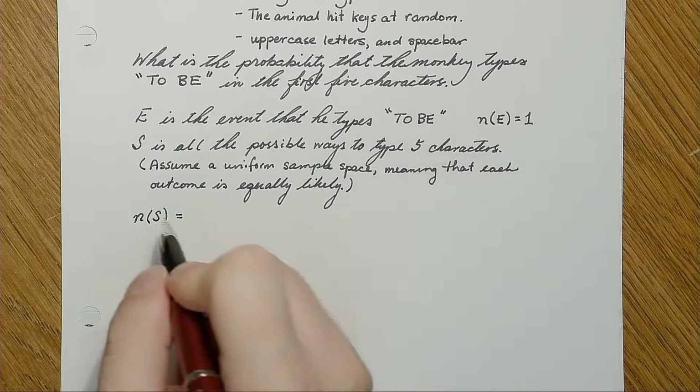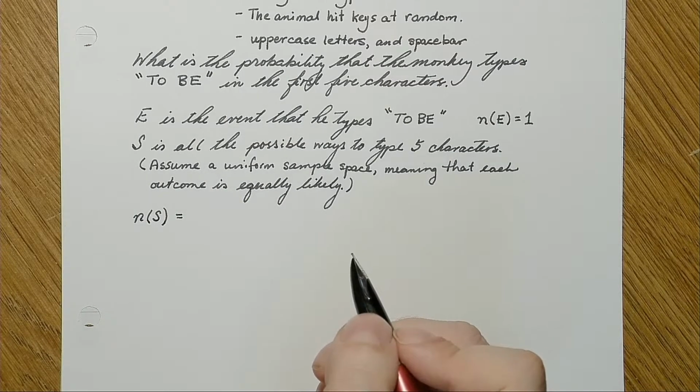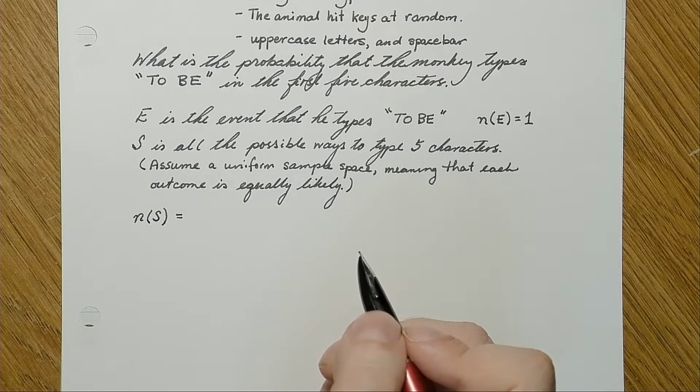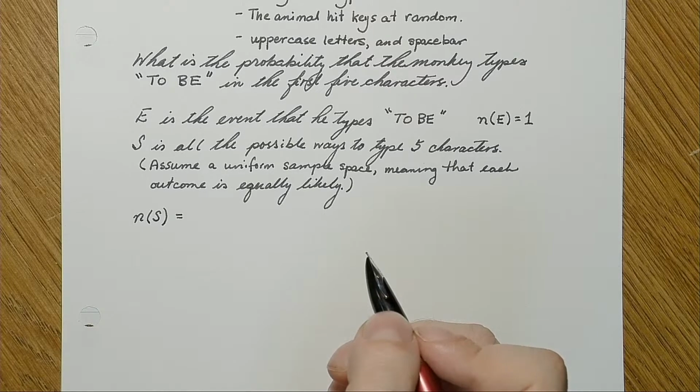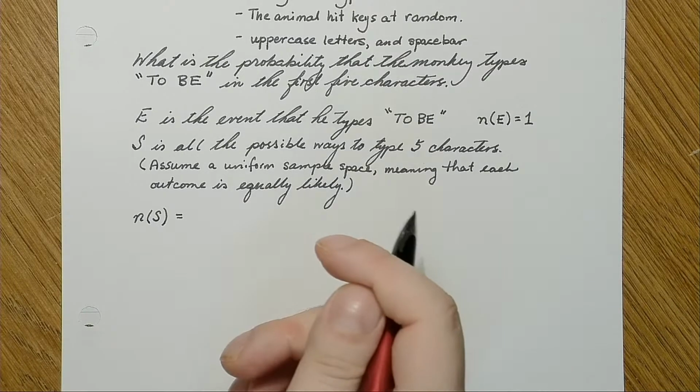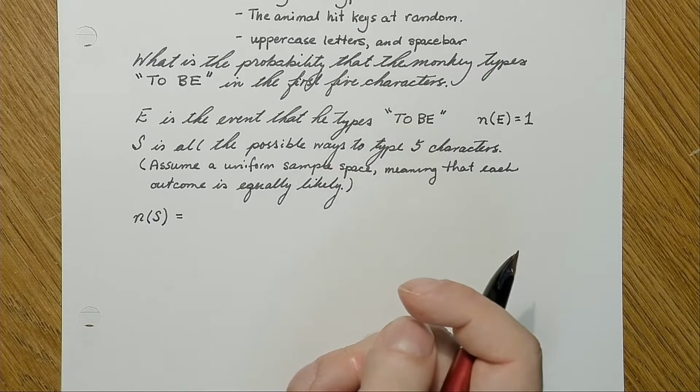So for the number in the sample space, how many choices do we have for the first character? Just in the chat, how many choices do we have for the first character?